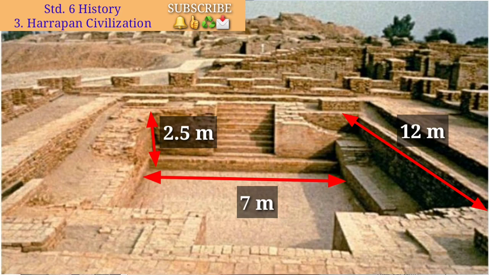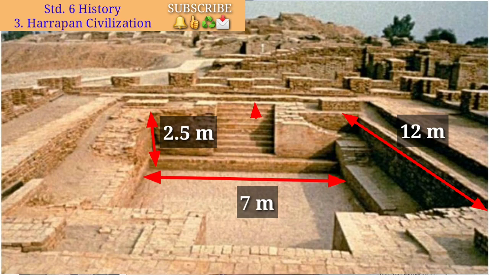Okay, what do you mean by lined, students? Lined means covered. So the bottom of the great bath was covered with the baked bricks so that water seepage will not be there. To prevent the seepage of water, it was covered with the baked bricks. Okay students, have you understood? Very good.